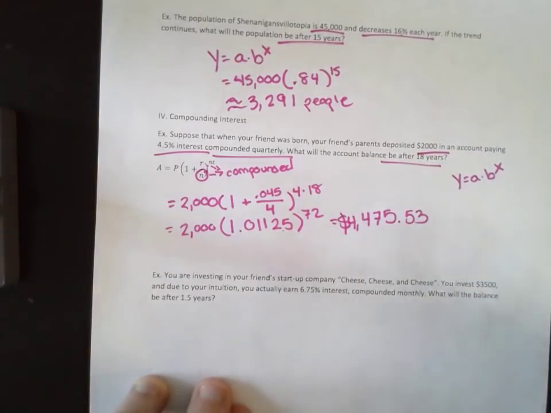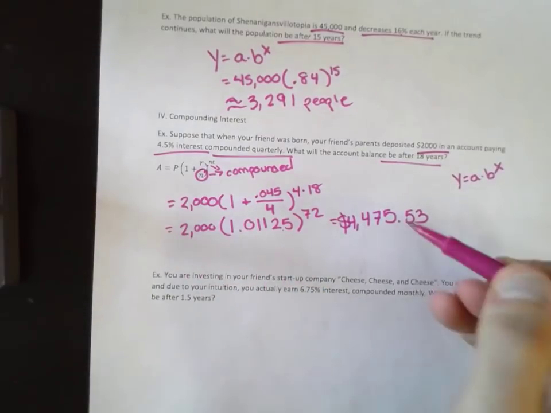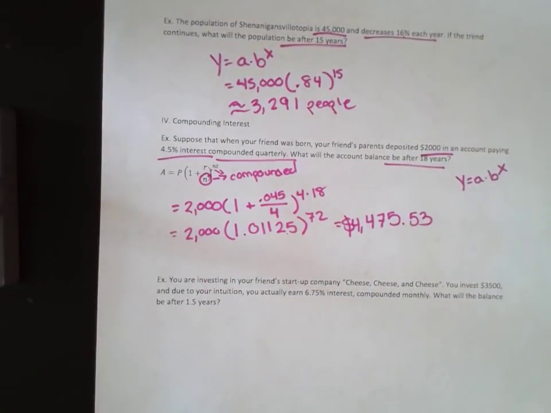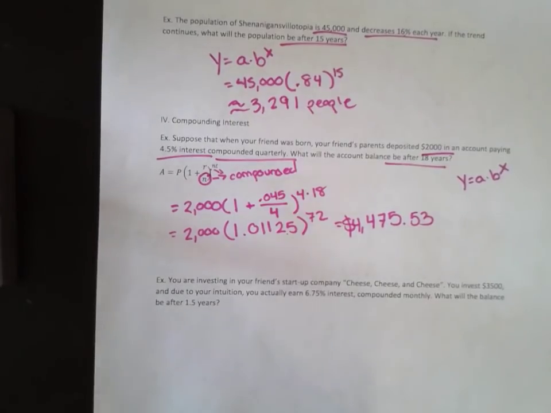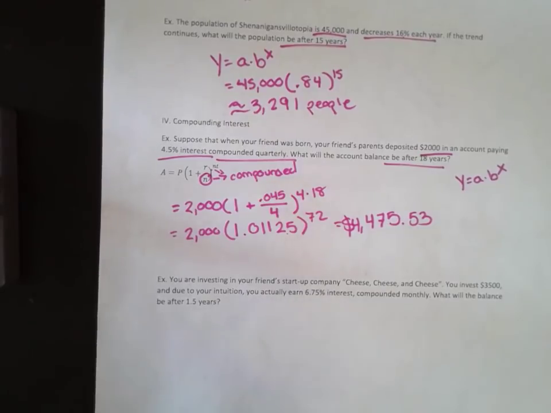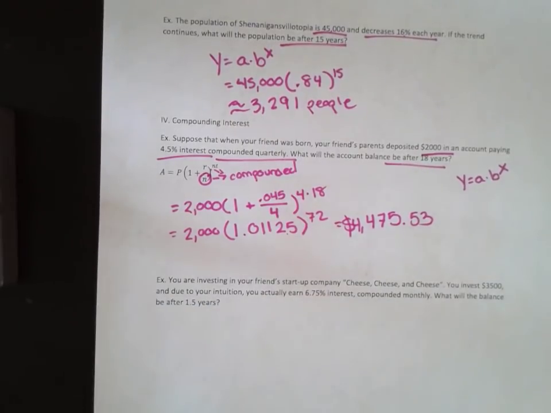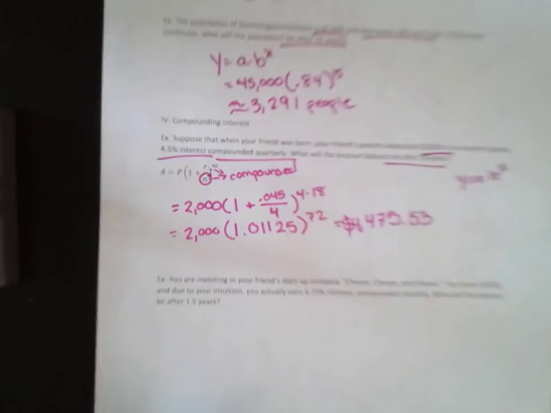Again, notice you start out at 2,000, you end up with 4,475. Guys, that's why you put money in a savings account that accrues interest, because again, you got $2,275 just doing nothing, just having your money sit there. So that's why it's important to also have money in savings and invest so you get that interest accrued.